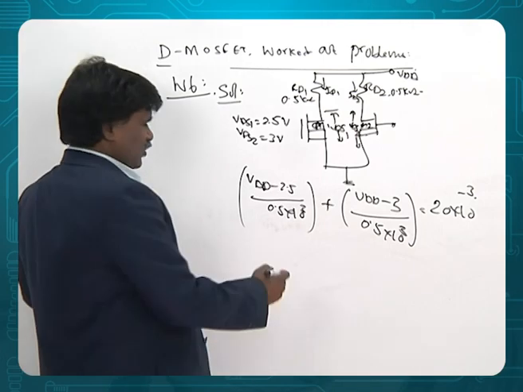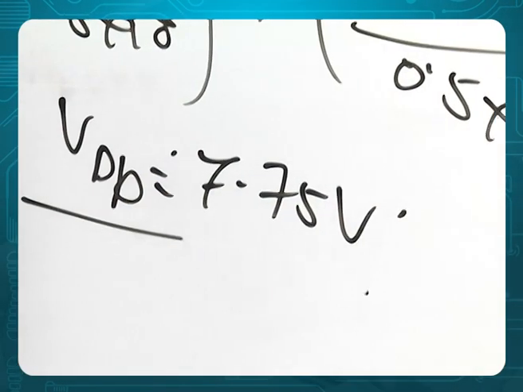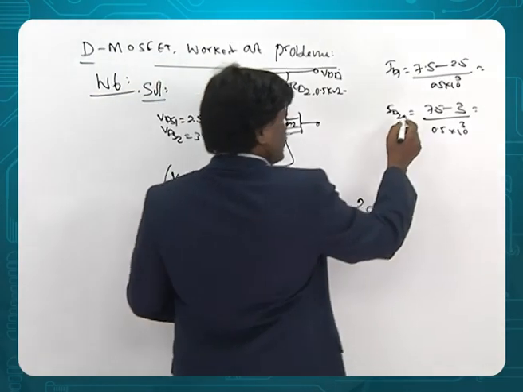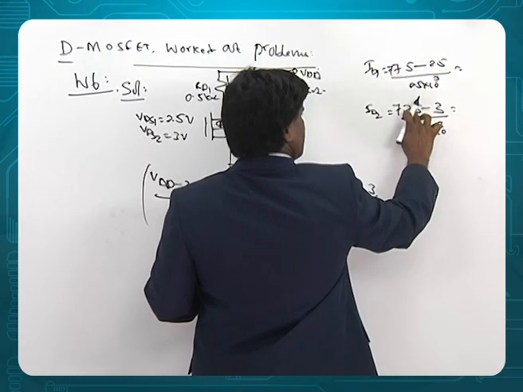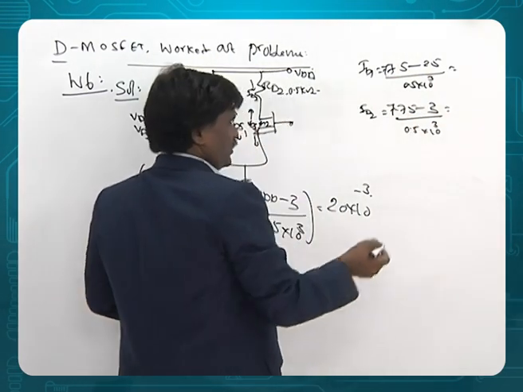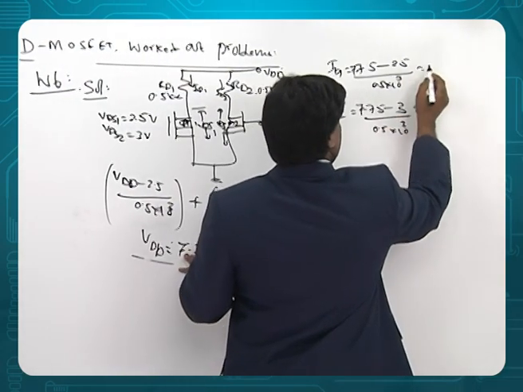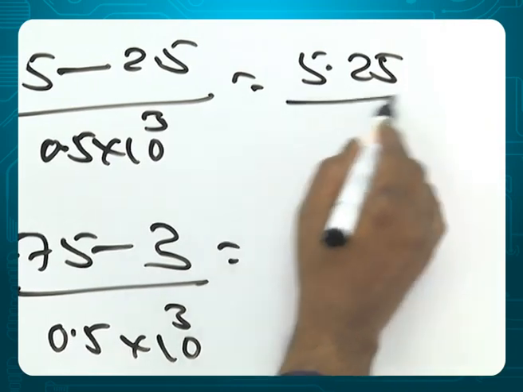From here you solve for VDD, 7.75 volt. So this is 7.75, 7.75, you will get 5.25.